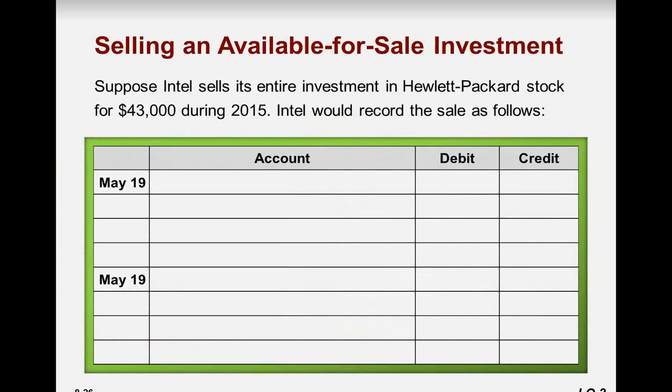So if we decide to sell all of our Intel investment that we had originally, Intel sells our HP investment of stock for $4,300. If you recall, we currently had it sitting on the books for $46,500.